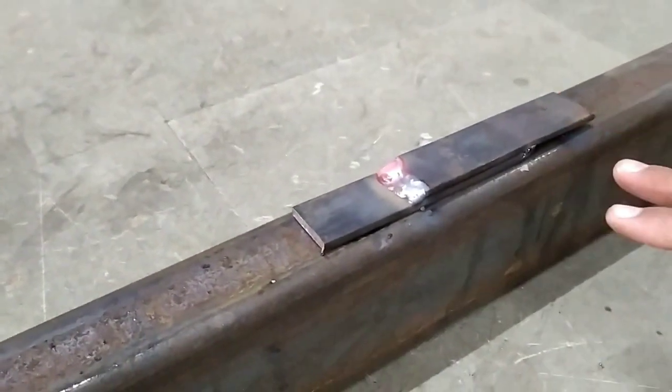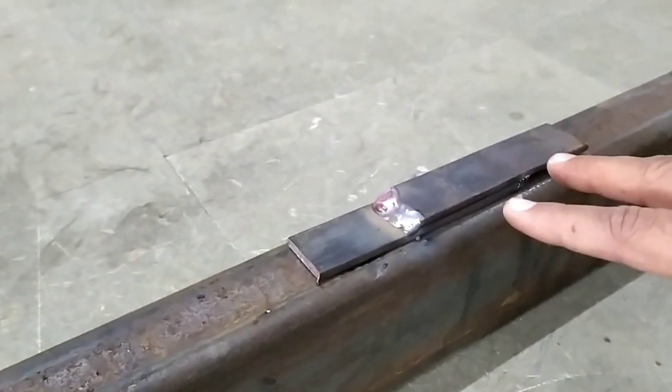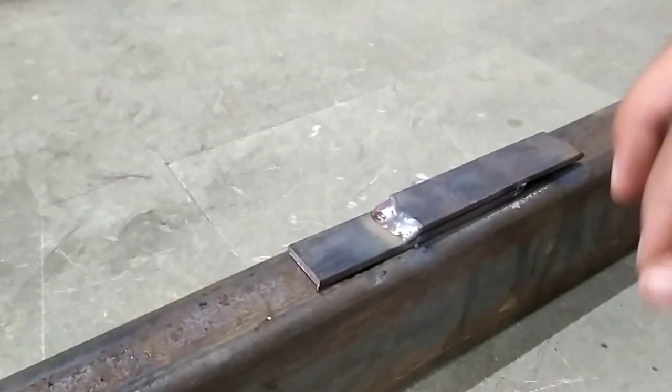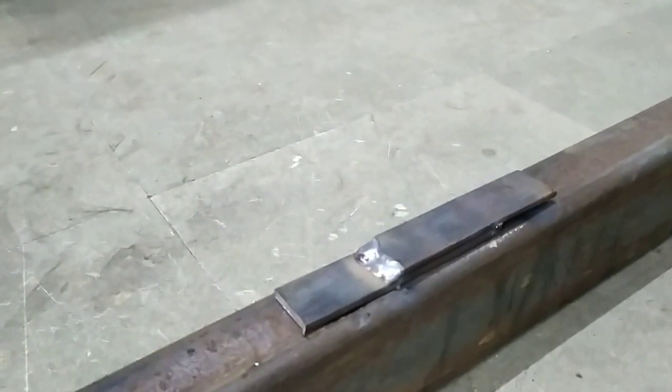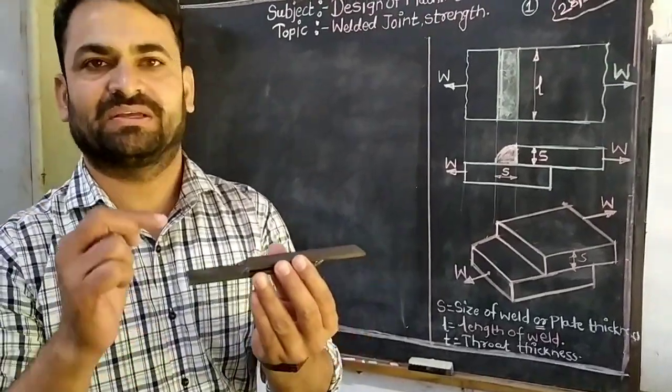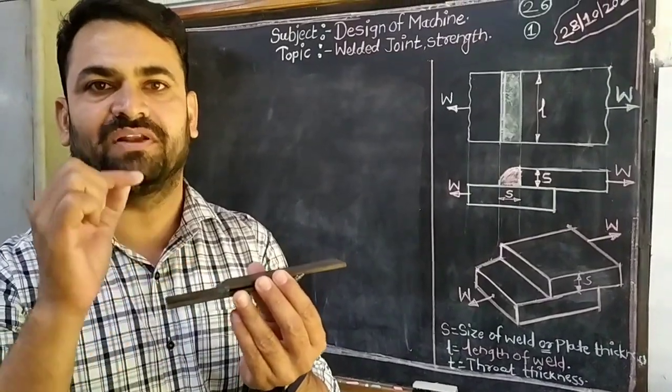Now the plate is welded on both sides, that is a double transverse fillet weld, and we have to see the strength equation of this weld. Now let's move towards the strength equation of transverse fillet weld.